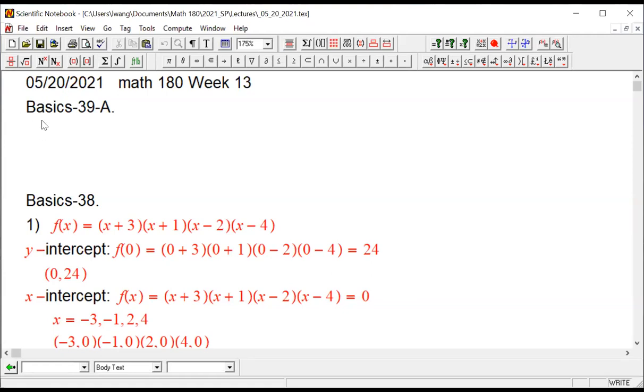Question number 2, please make a change on your end. It will be too difficult to factor as it was given. So minus 5x squared plus 4. Could you change your question on number 2 to 5 times x squared instead of 5 times x?